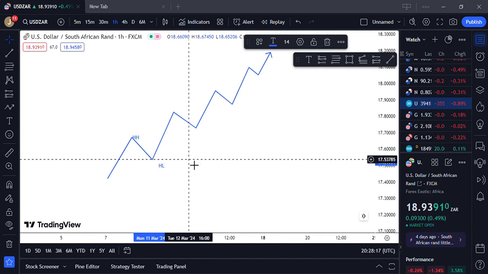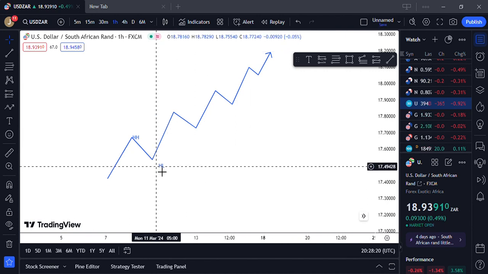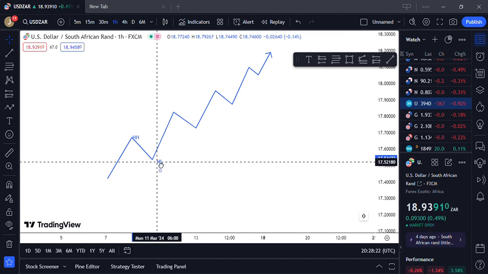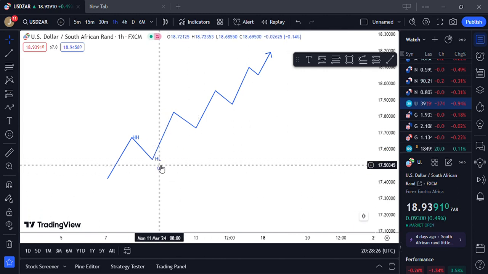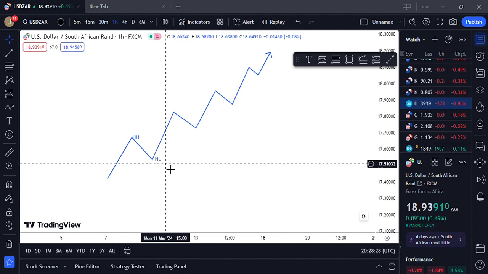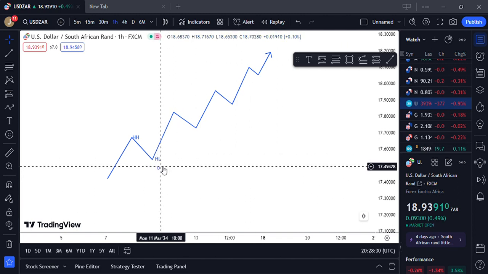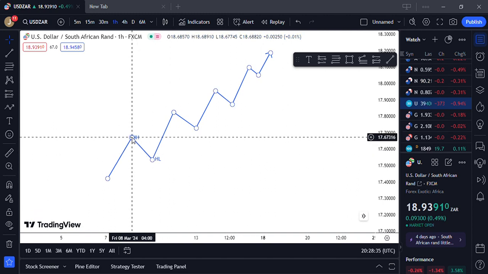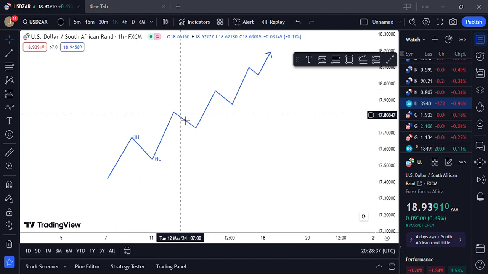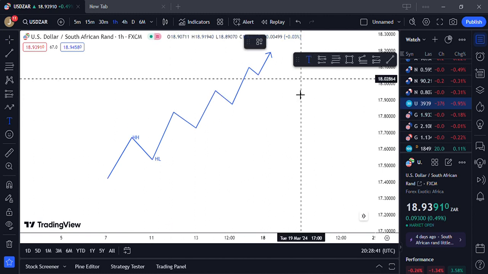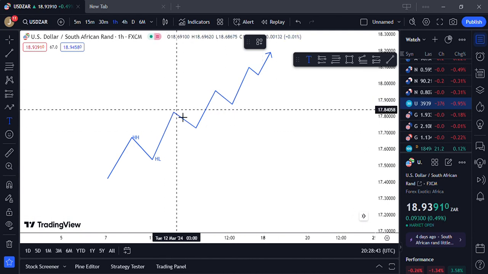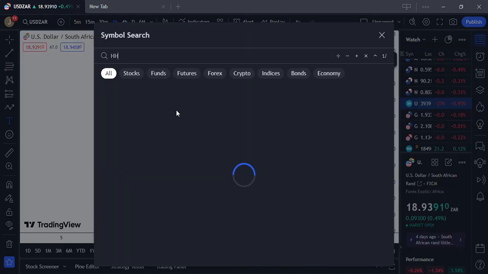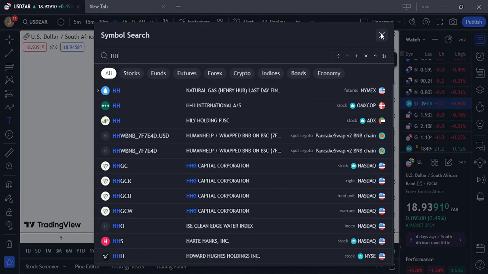Hold on, let me just put it there. This would be called a higher low. You understand? Higher high, higher low. Higher high, higher low. Then I'm guessing you should be able to understand what this would be. Say it in your head or out loud, I don't care, but just know it would be a higher high.